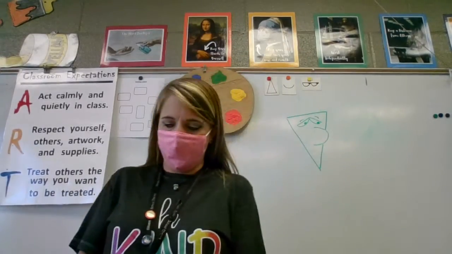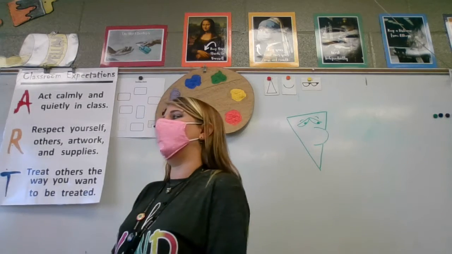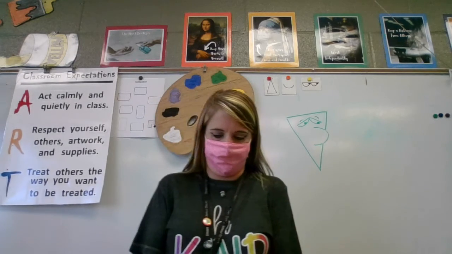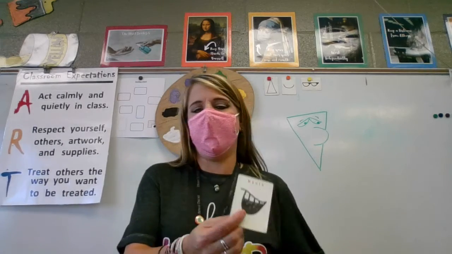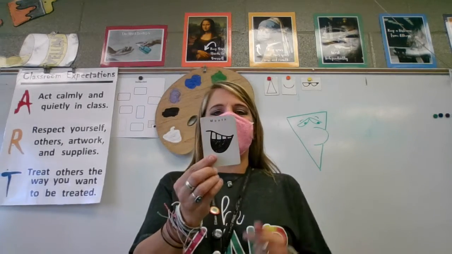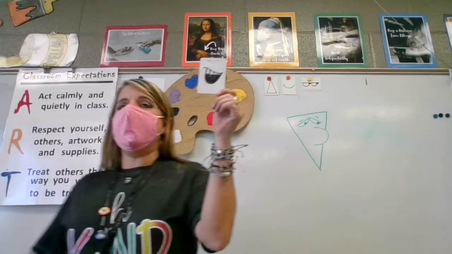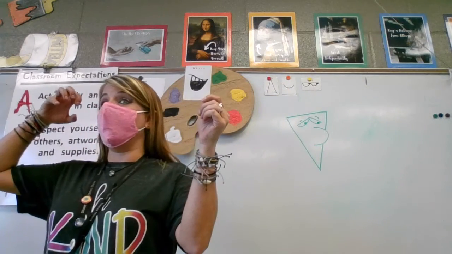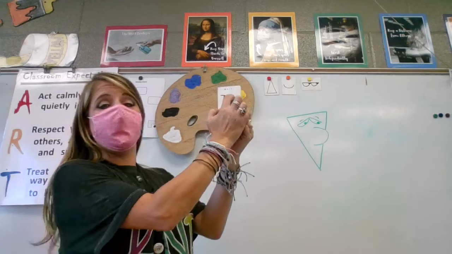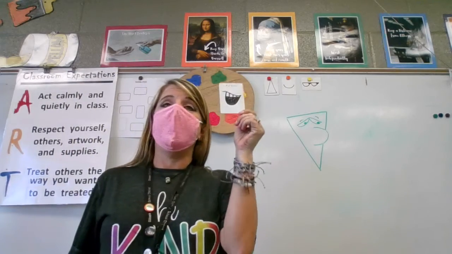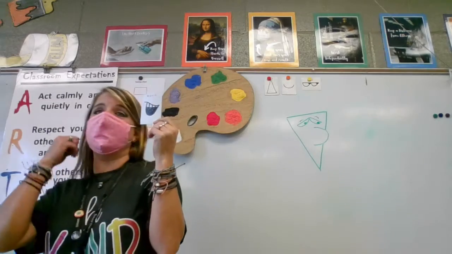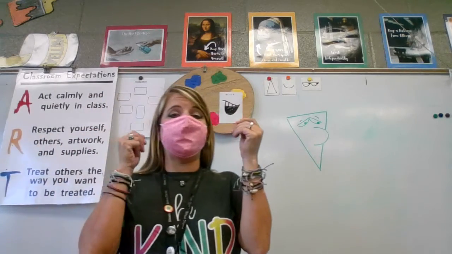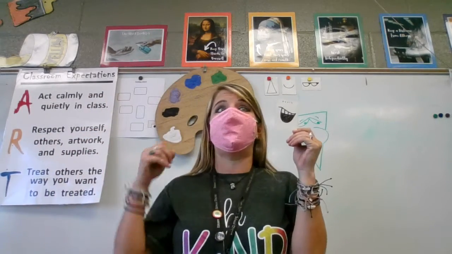All right, now we are going to see what kind of mouth we're going to end up with. Okay, here is the mouth. Now this is an open mouth, and you see a row of teeth at the top. I like this one because maybe the person is laughing, or they could be saying something, or they could be singing.